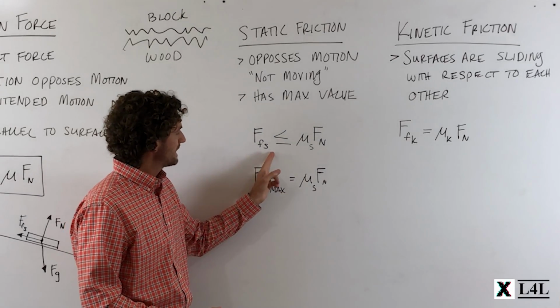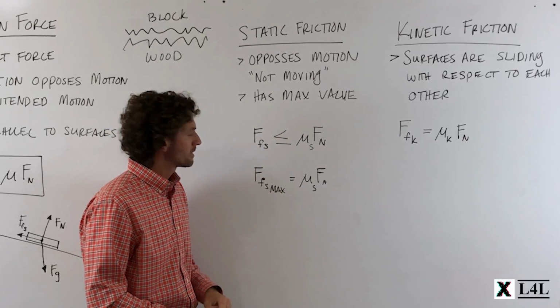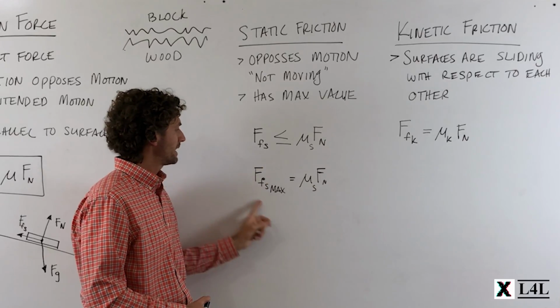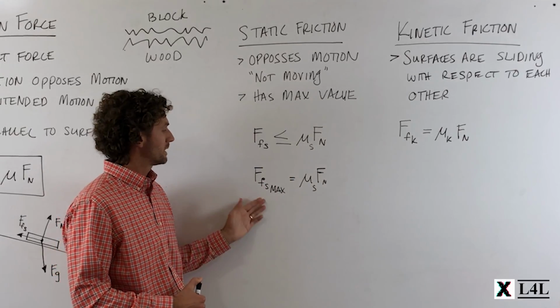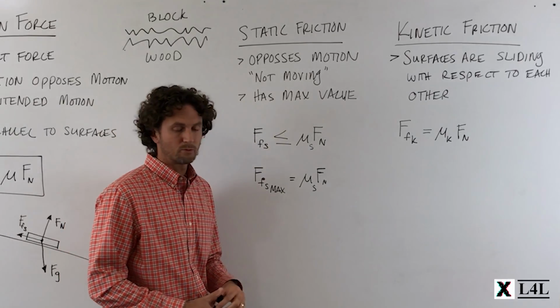So static friction by itself can be up to or equal to the coefficient of static friction times the normal force. If we're typically finding the maximum static friction that we can achieve, it would be the coefficient of static friction times the normal force.